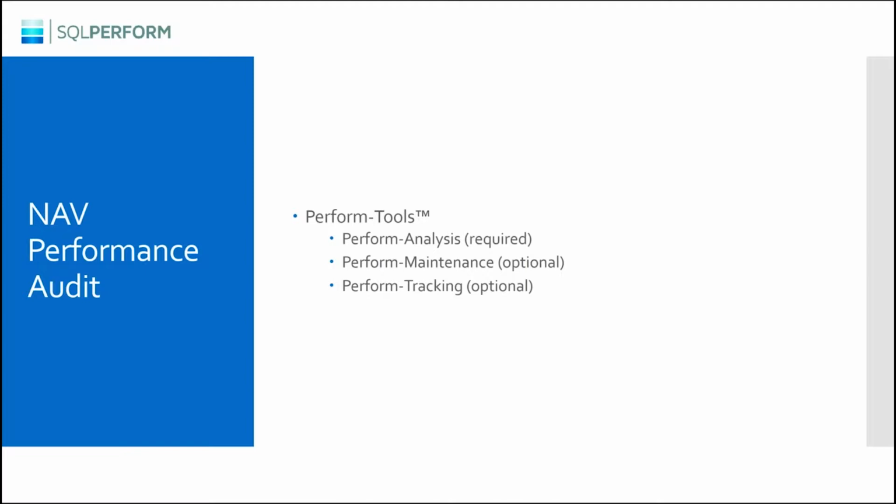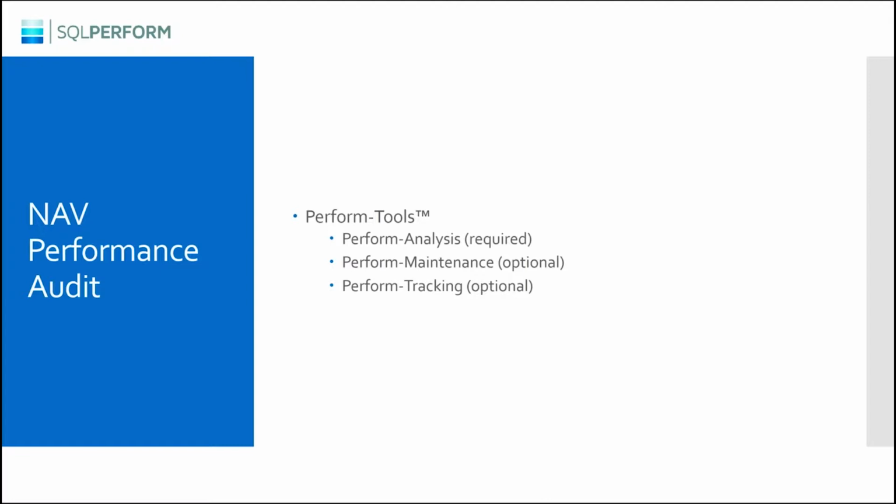We use this particular tool set to gather data in order to create the report. This is the reason why this tool set is required as part of the performance audit report service. So it's one set of tools plus the actual service of creating the report.